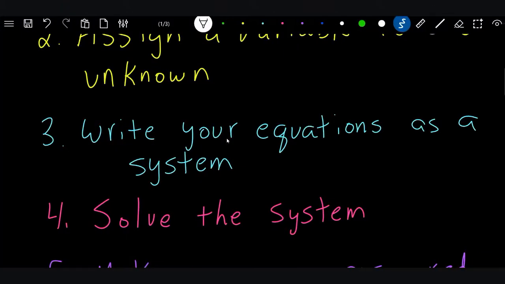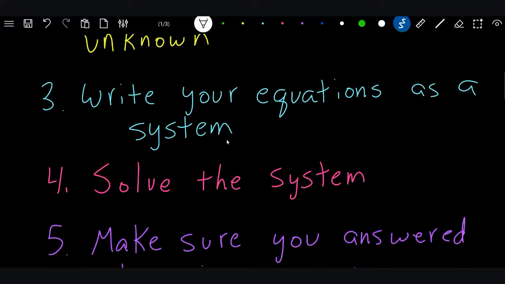Step number 3, we're going to write our own equations and connect them like a system of equations: equation number 1 and equation number 2. Step number 4, solve the system, and you can use whatever method you want. Graphing usually doesn't work the best because your answers don't always come out perfect.